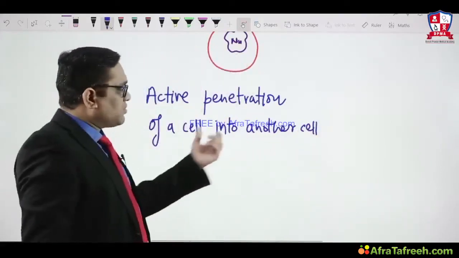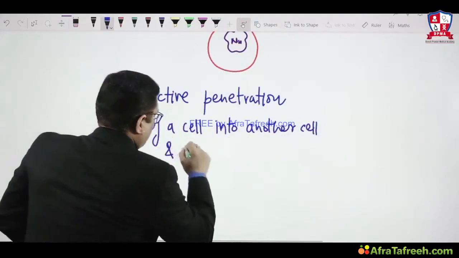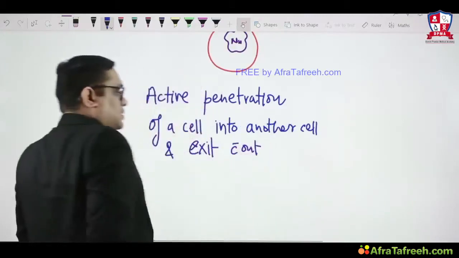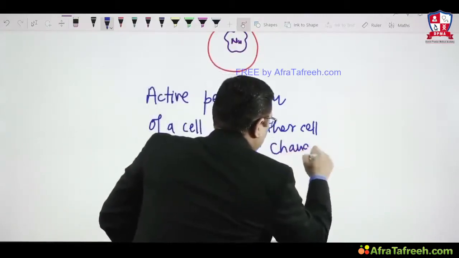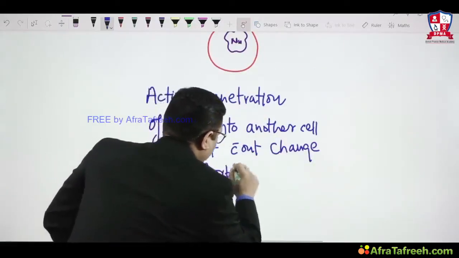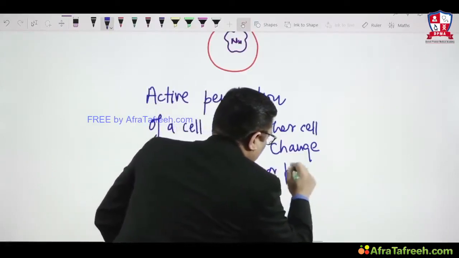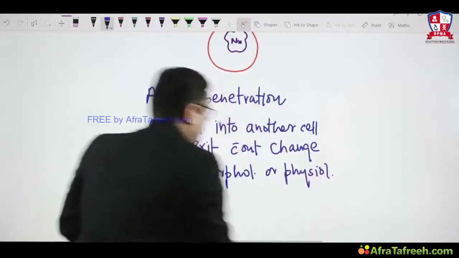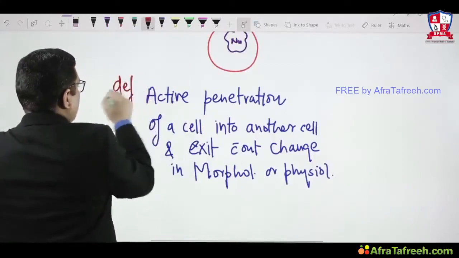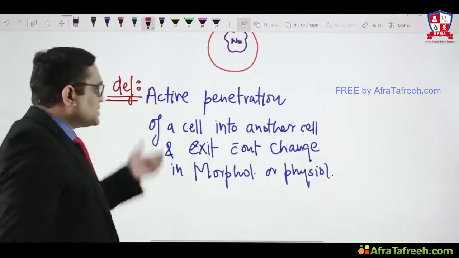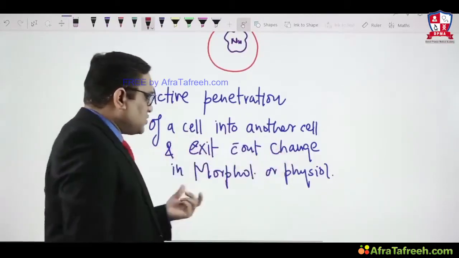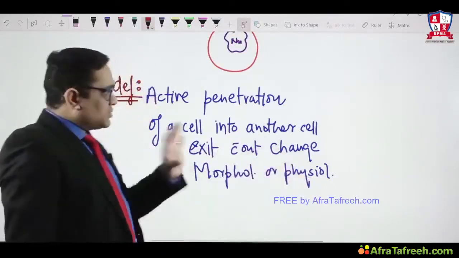Active penetration of a cell into another cell, and exit without change in morphology or physiology. So this is the definition of emperipolesis, right? So emperipolesis is active penetration of one cell into another cell and then exit without changing their morphology or physiology, right? So that is the important thing.